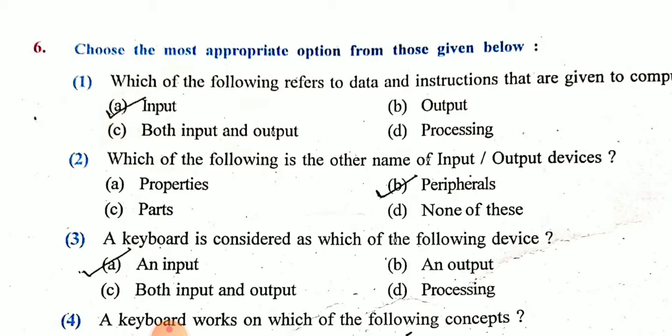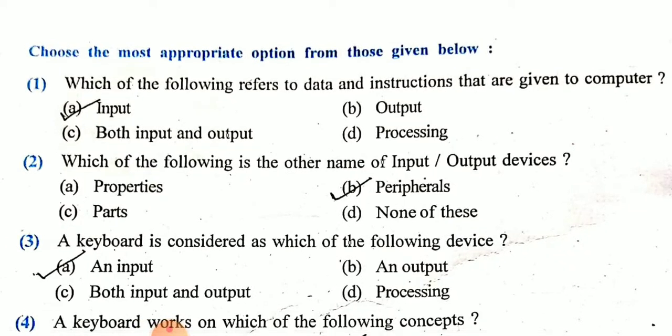Question number 1. Which of the following refers to data and instructions that are given to a computer? A. Input. B. Output. C. Both input and output. D. Processing. So here your answer is input. Second, which of the following is the other name of input output devices? A. Properties. B. Peripherals.